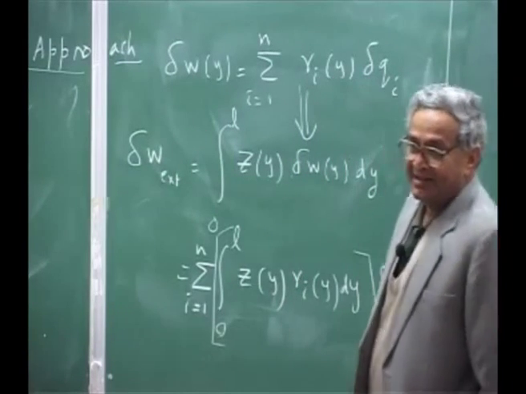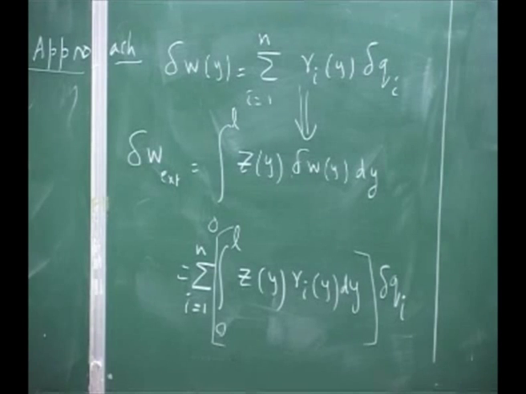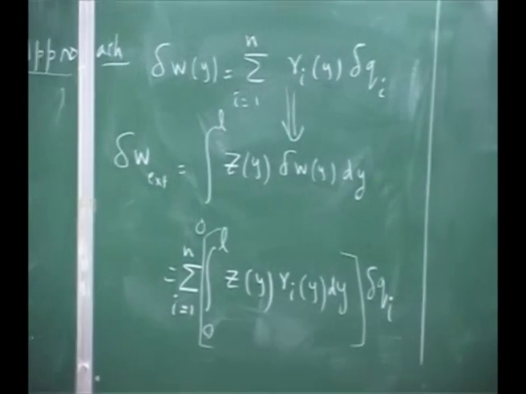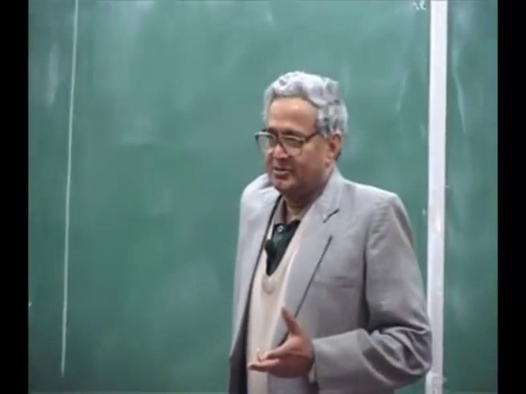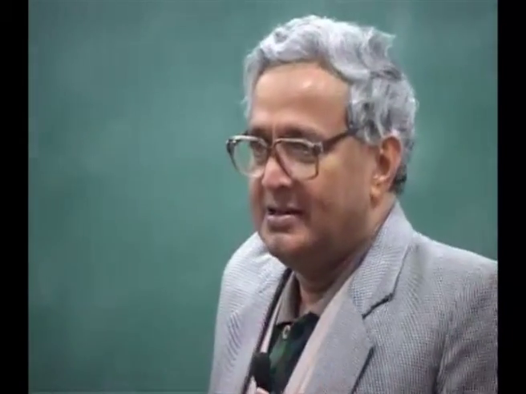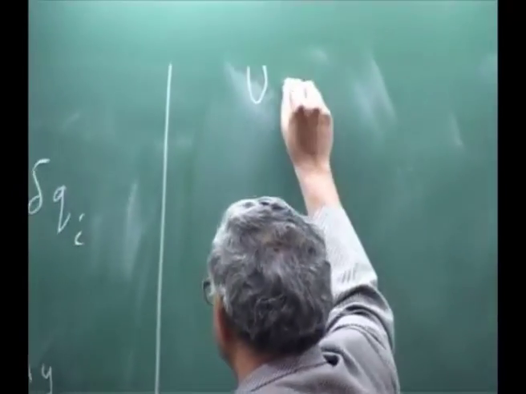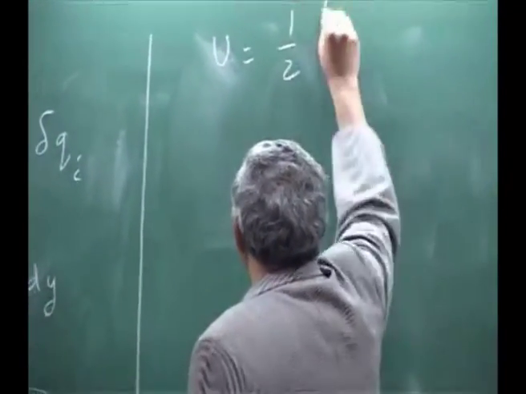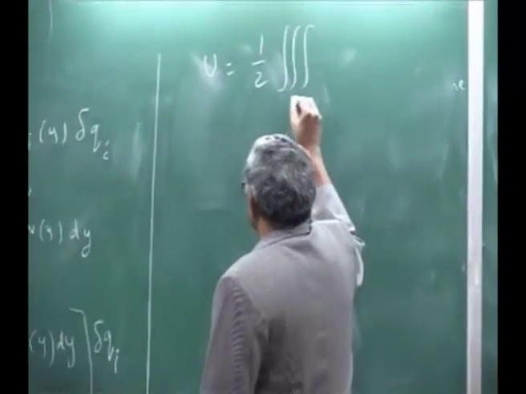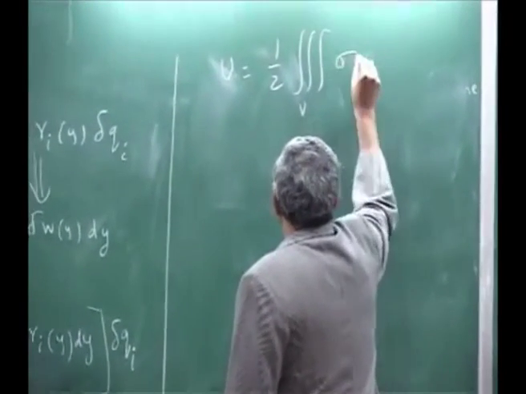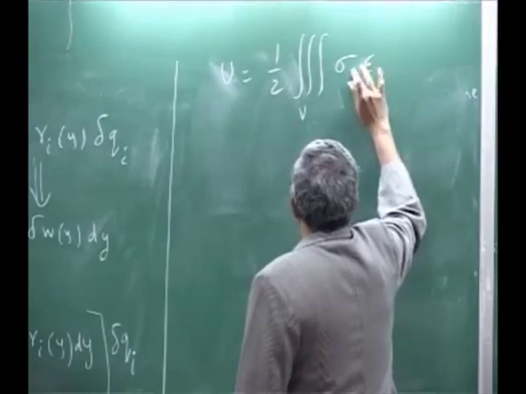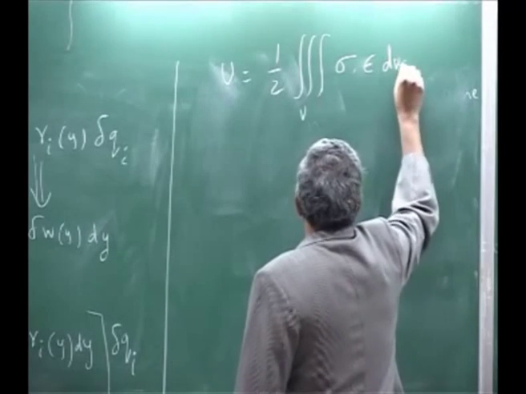Okay. Now what is the strain energy in a beam? The general expression for strain energy, you always write integral half sigma epsilon, because in a deformable structure you always write like this. This is the volume integral, sigma epsilon d volume.